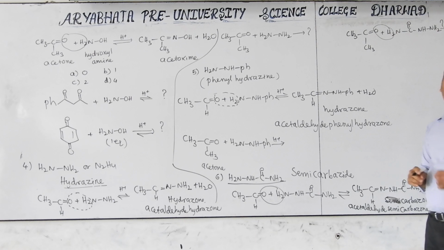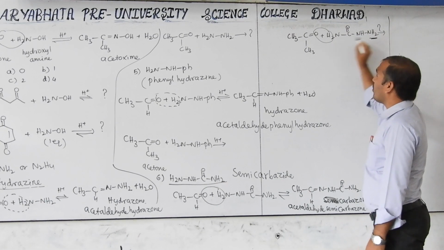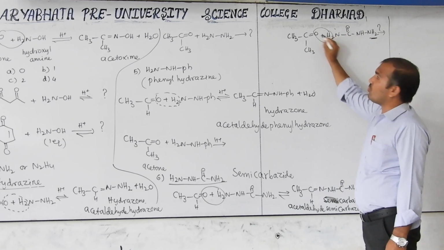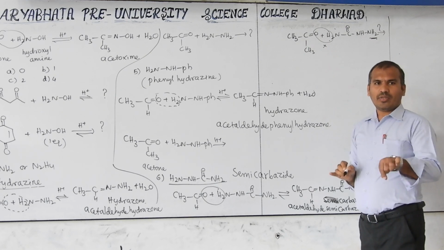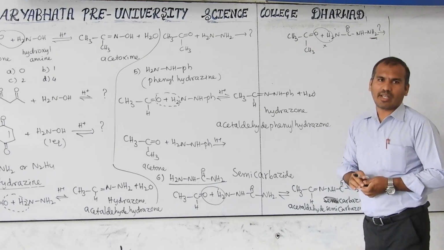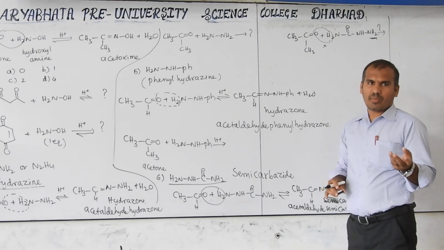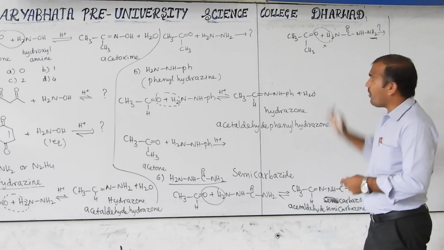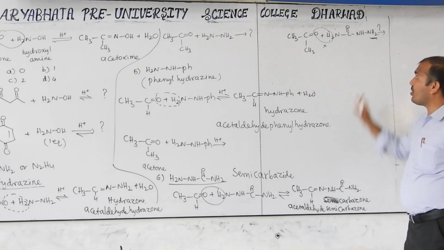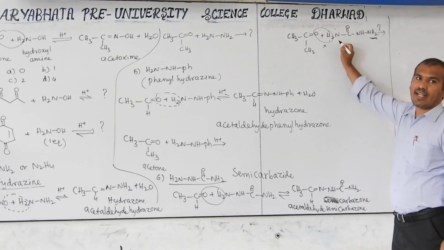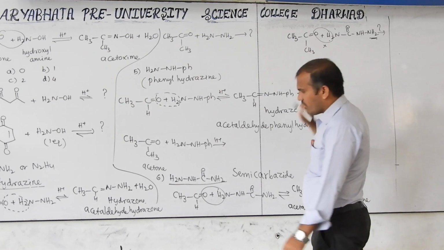Then you have to think according to your first year concept. Why not possible? Water is lost only from this side, not from that side. You have to think according to your first year electronic effects: inductive effect, mesomeric effect, resonance effect, hyperconjugation. Which effect is there here? You have to think. Okay? EUC level is enough, but at competitive exam level they will ask why it is not lost like this, possible or not, and then you have to answer. This is semicarbazone level.